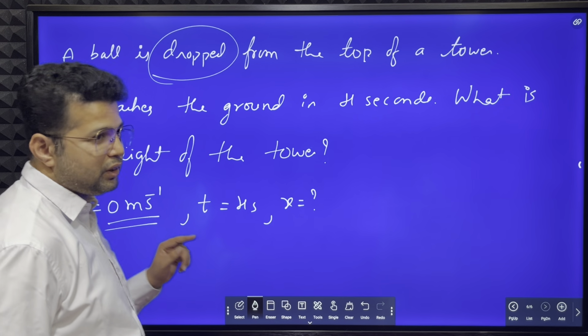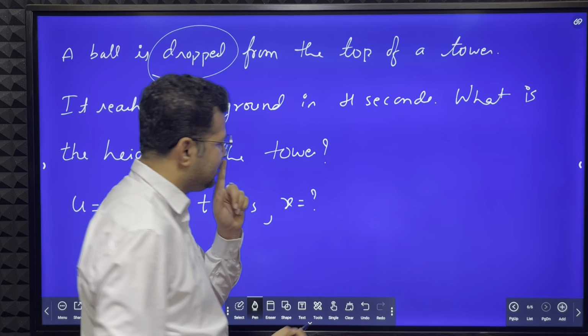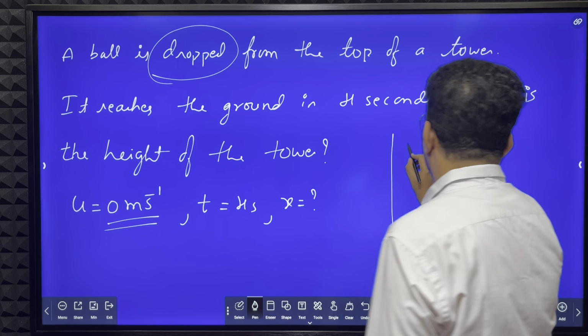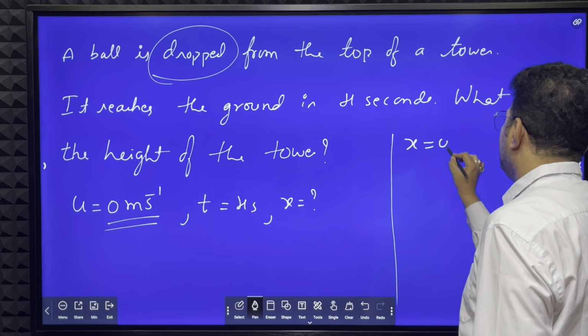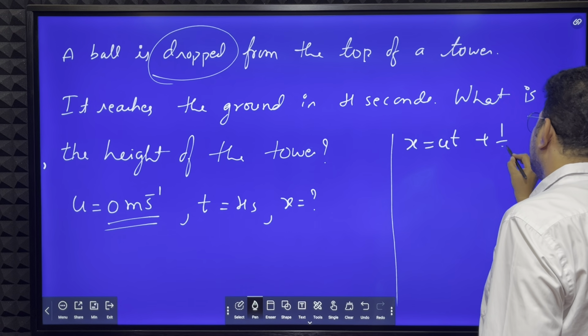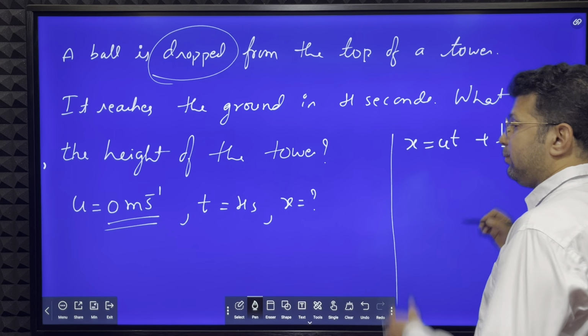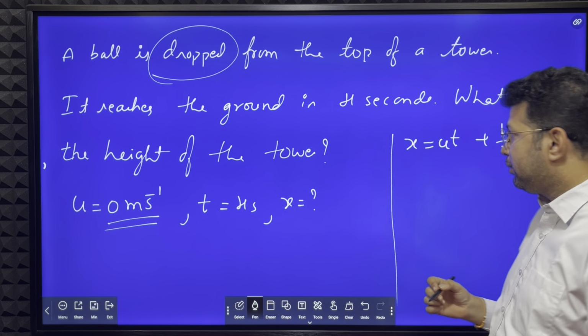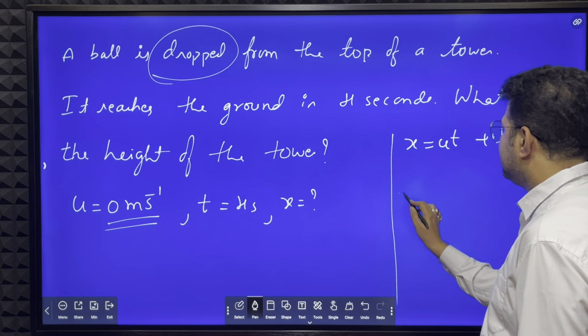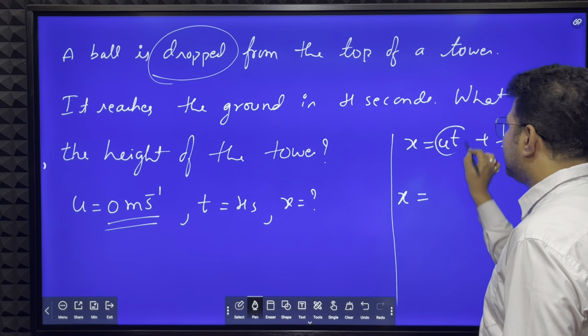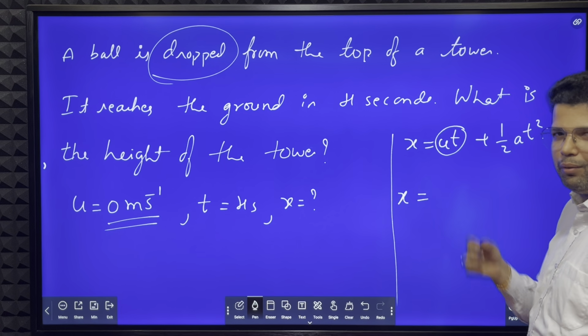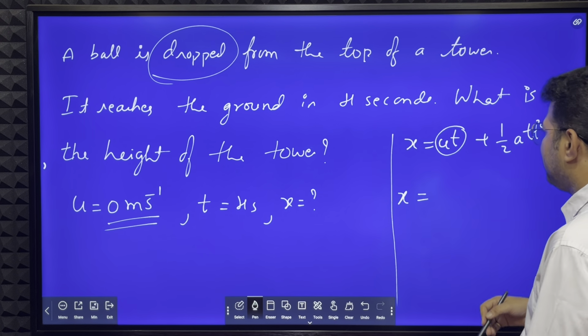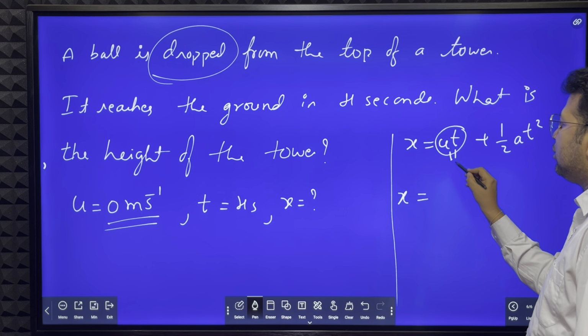Since initial velocity is 0 and you have to calculate x, definitely I should go for this equation: x is equal to ut plus half at square. See, the ball is coming down, so x will be negative actually. We know the ball is coming down, displacement is negative. u is equal to 0, because the ball is dropped.